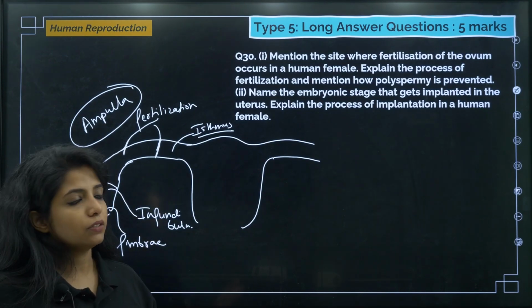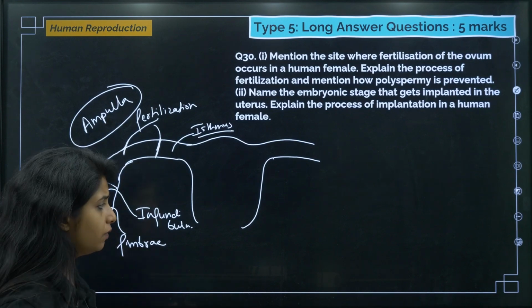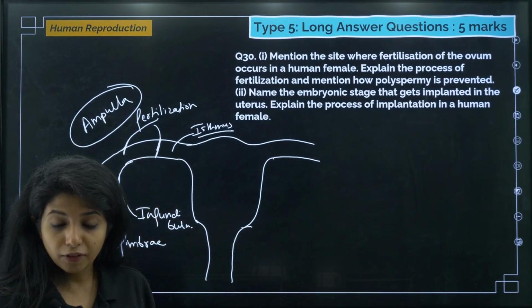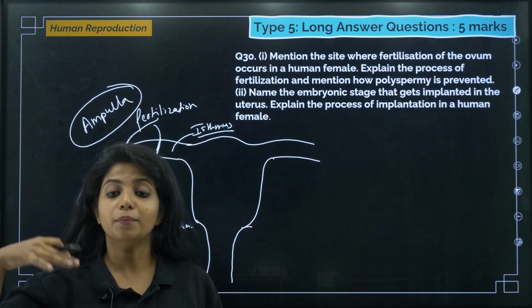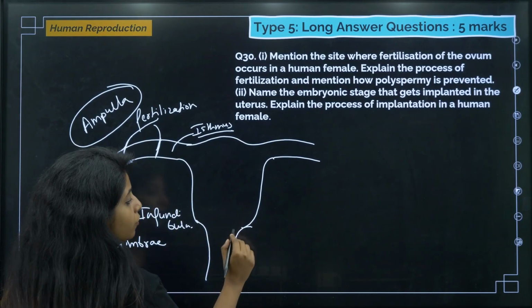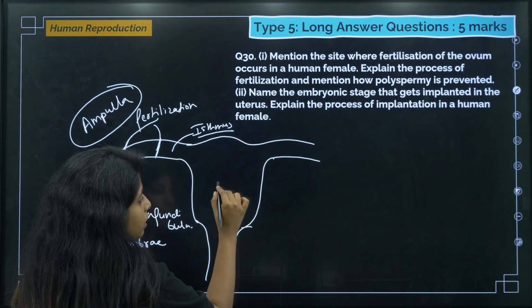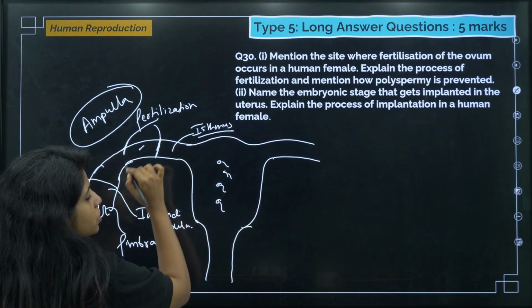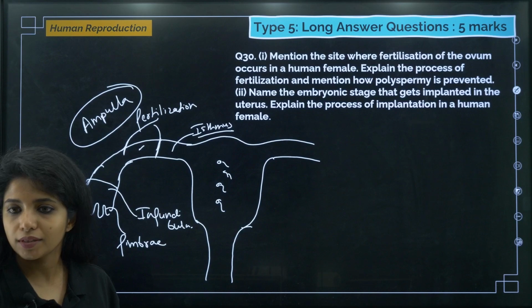What do you mean by fertilization? The process of fertilization is basically when the male gamete is released into the female genital tract, and the male gamete later travels and fuses with the female gamete which is there in the fallopian tube. This is fertilization.